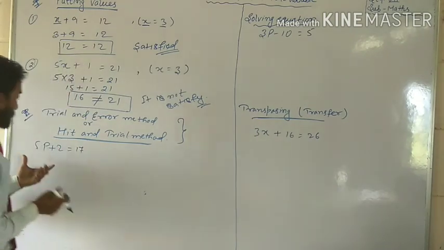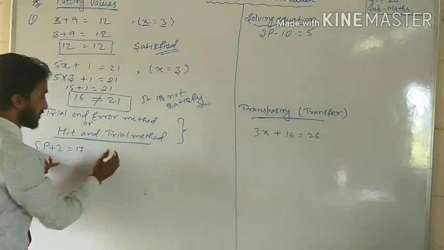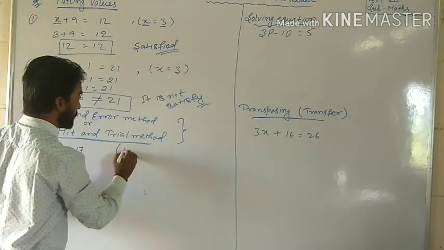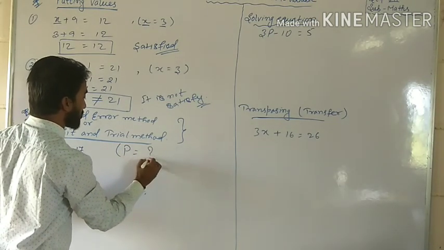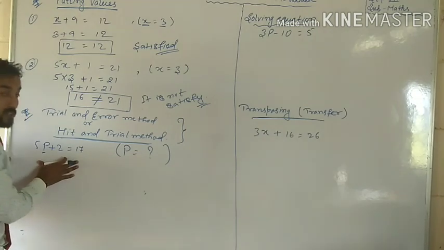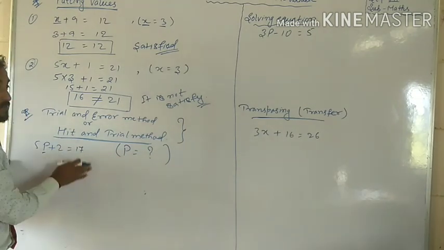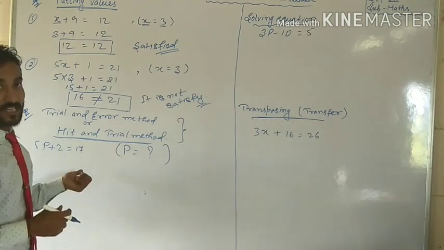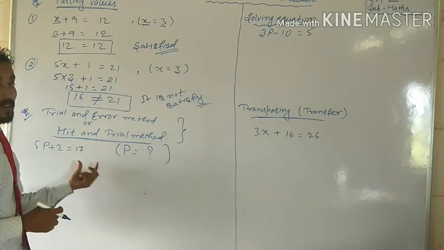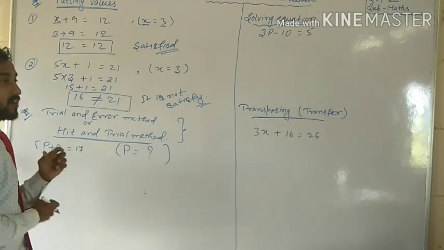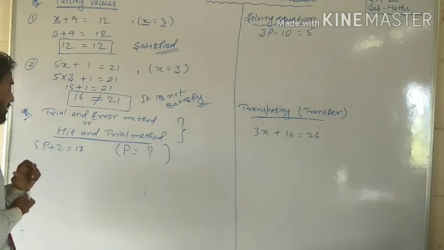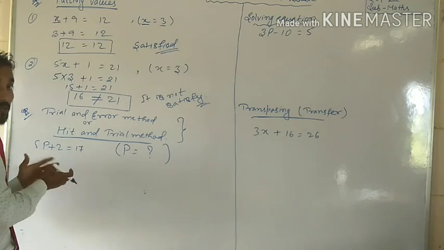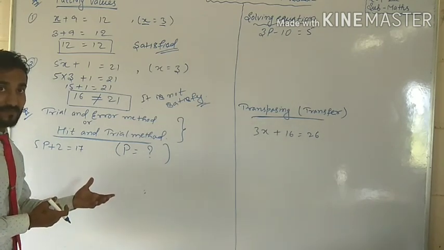So see, students, 5p plus 2 is equal to 17. Now what is the variable? P. We still do not know what p is equal to. We will insert values in this equation until the equation is satisfied, meaning LHS is equal to RHS. So what will we do? First of all, we consider whether the numerical values are positive or negative.